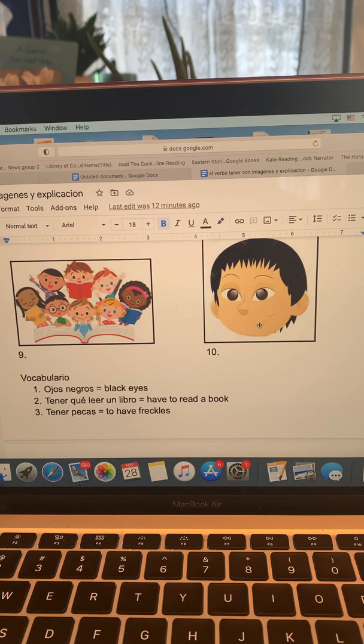You can use yo. Definitely you can use yo. But that will represent yourself, which is okay for our purposes. O él. You can use yo or él. Okay? So we're going to say, él tiene ojos negros.